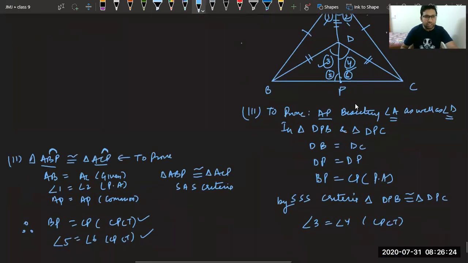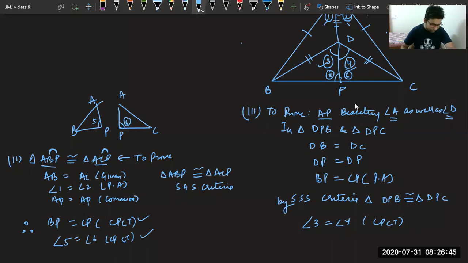Vaishnav, in the part where we proved triangle ABP congruent to triangle ACP, you can see angle 5 is coming in this triangle and 6 in this triangle. We can say they are equal by CPCT.